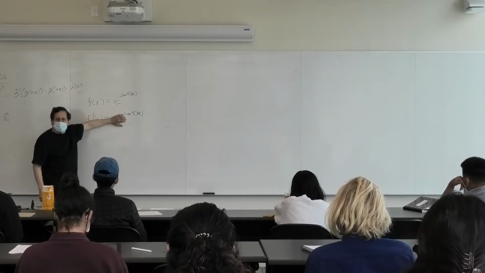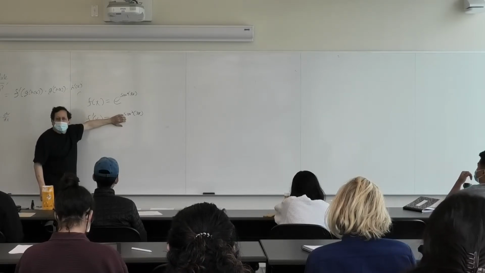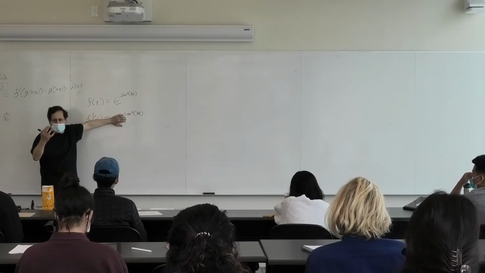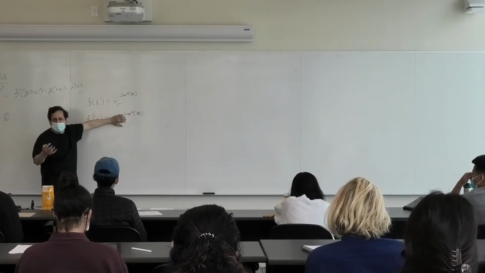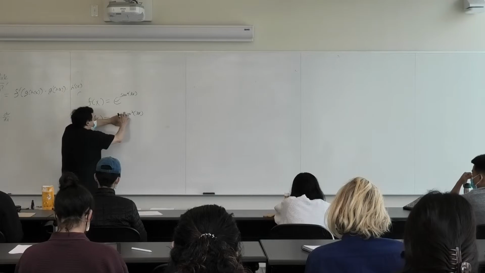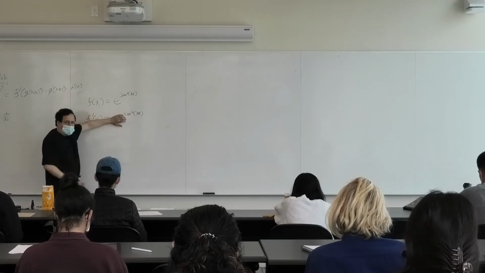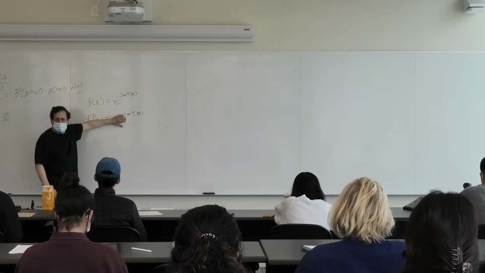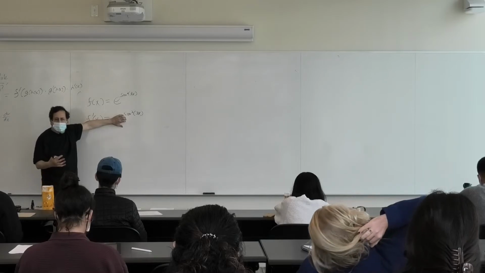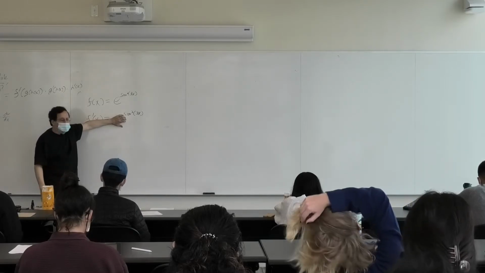So you've got to think of the power rule here. Power rule is usually dealing with x, a function, right? Here it's sine of x, but that's okay, because we're doing composition of functions, right?